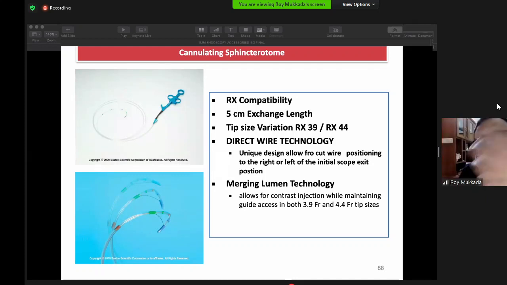Will it make any difference, or will you be more cautious in one procedure? Yes, sir, more cautious if it is not dilated. If it is dilated, it's easier than non-dilated. The perforation is less when it is dilated. Okay. So what is sphincteroplasty?